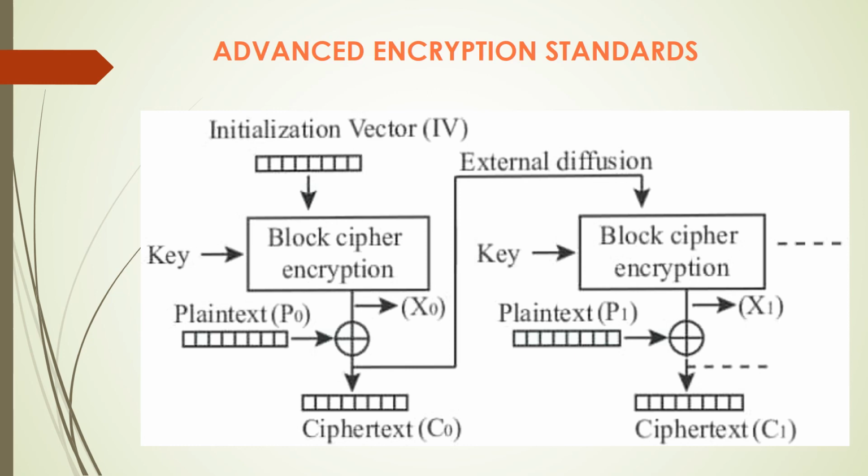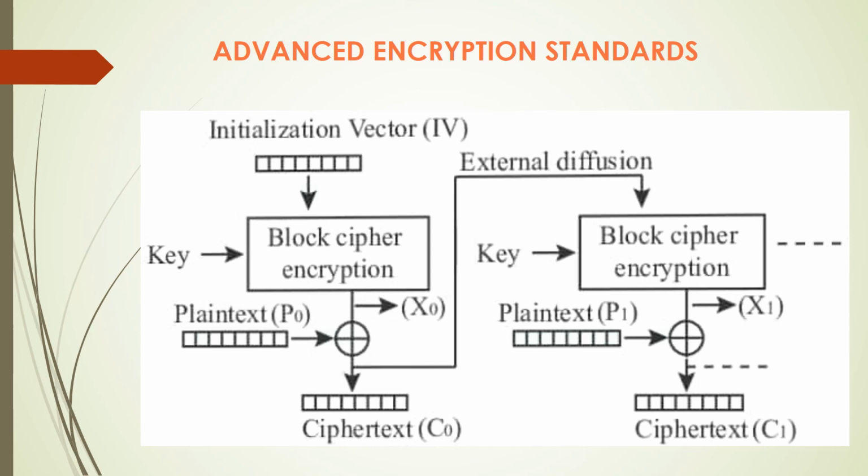Then coming to the point of block cipher, that means encryption takes place by means of blocks. That means the plain text will be divided into blocks. AES was created to replace DES.